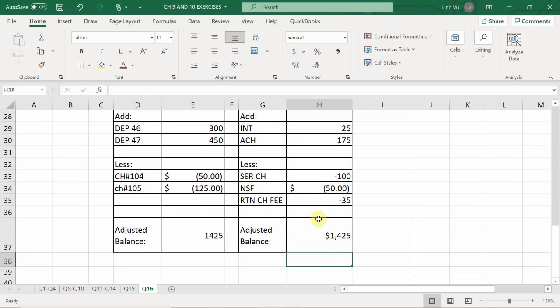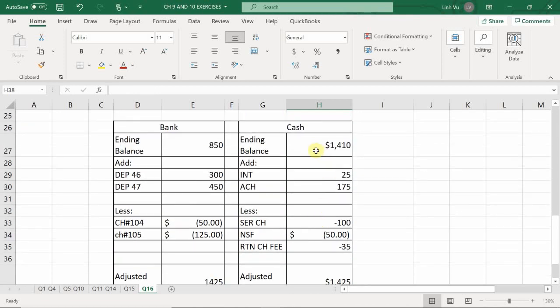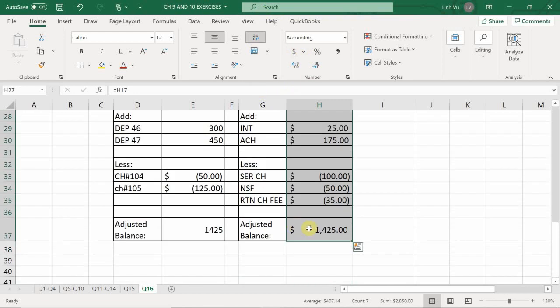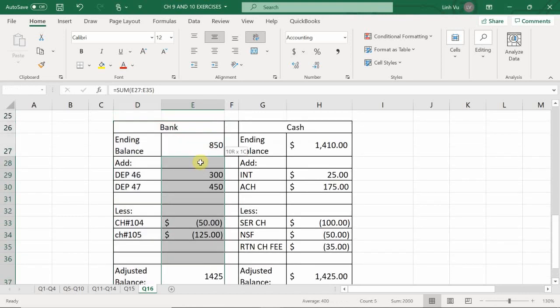So in this case, I should get a grand total of $1425, which, behold, success, right? If we look at our ending balances, they match on both sides.